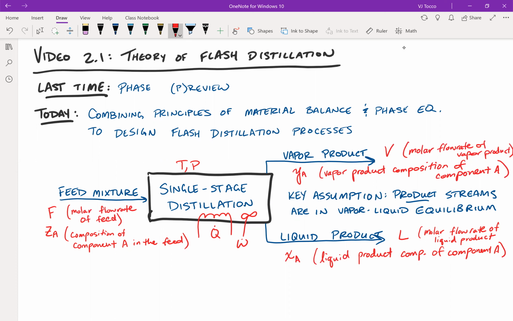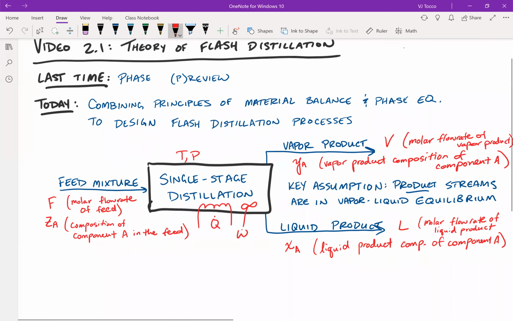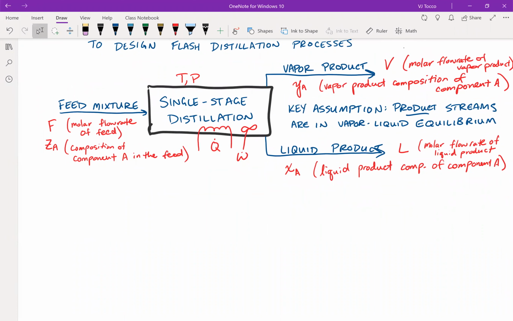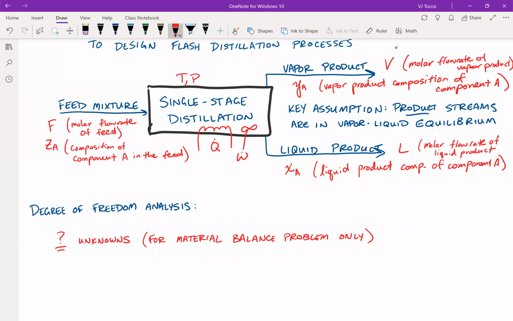So now that we have our process flow diagram completely labeled, I next want to do a degree of freedom analysis to determine what information we would need to know in order to solve a problem like this. So start the degree of freedom analysis by counting the number of unknown variables we have. And to start, we'll only consider material balances. So Q and W are only going to be involved in an energy balance, so I'm not going to consider them here.